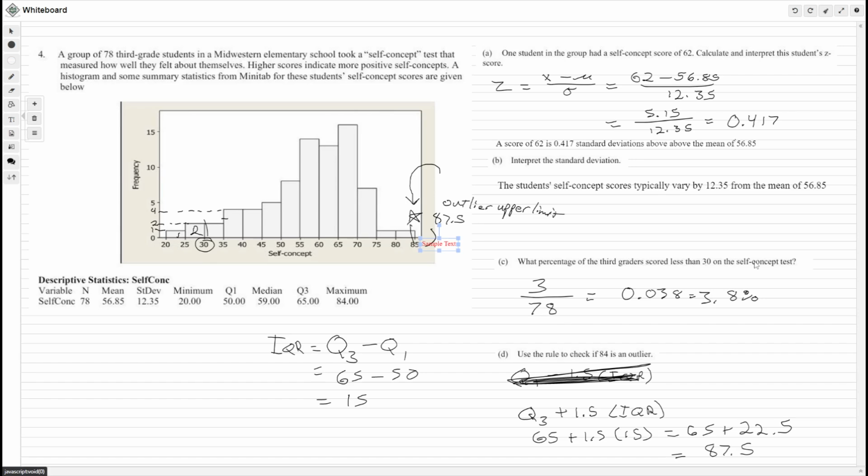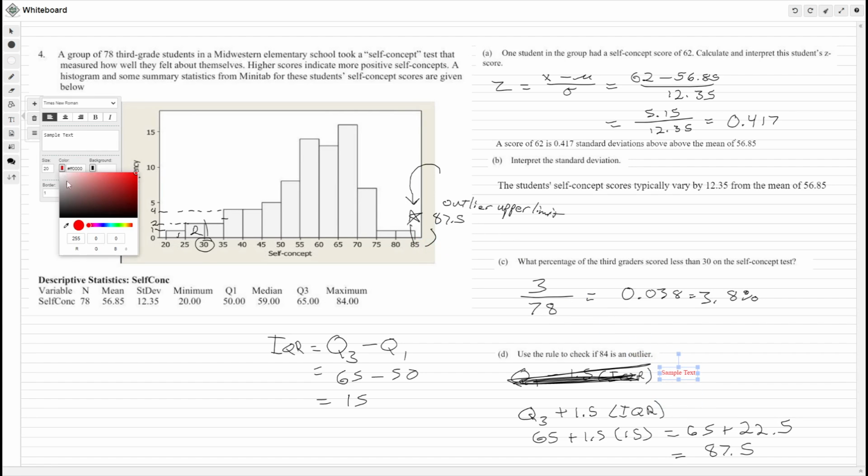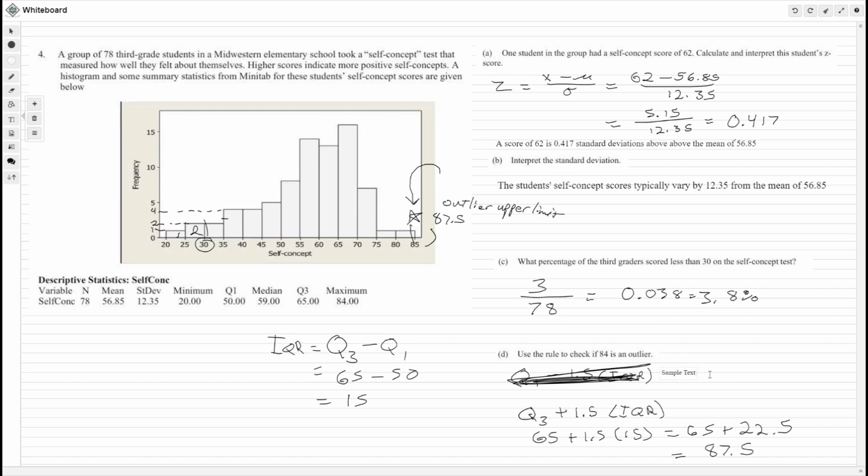So the last step in a free response question, we need to make sure we state that. What are we going to state?